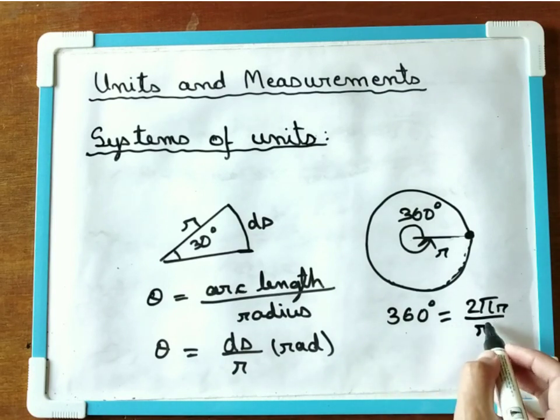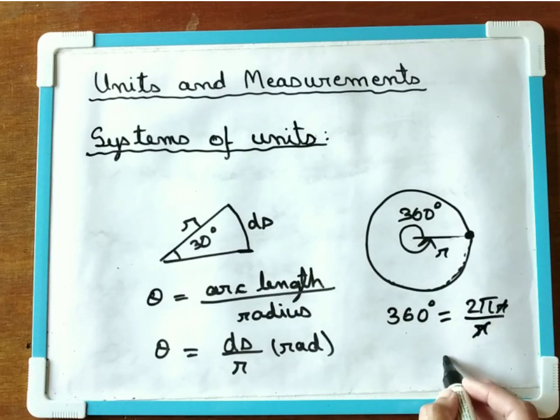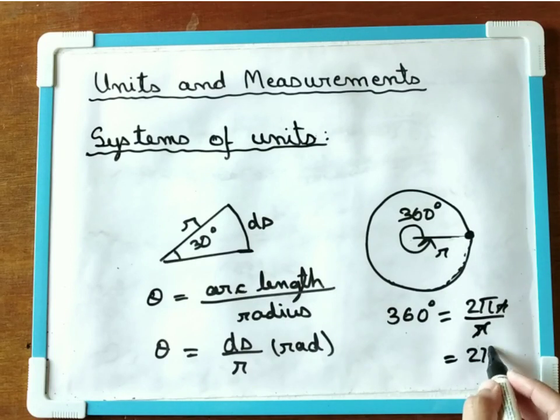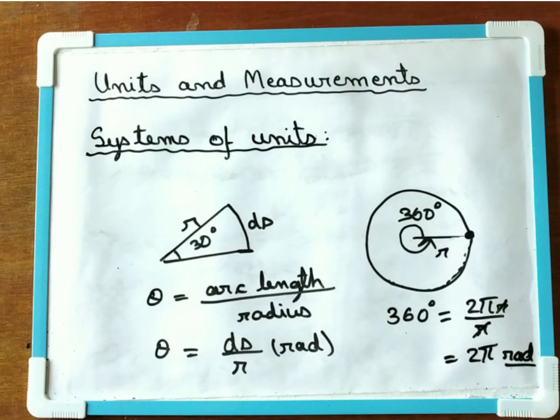If you cancel r, you'll get 2 pi. So your 360 degree is equal to 2 pi radian. This is the unit of plane angle.